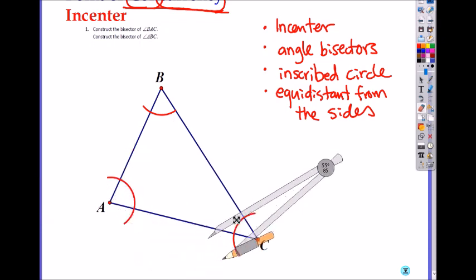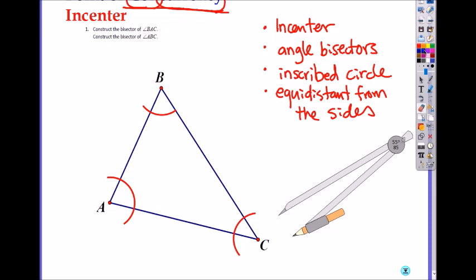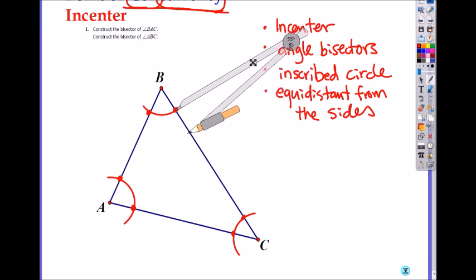What this arc does is it gives 2 points that are equidistant from the vertex. So you get these 2 points. You see it? Equidistant. And now what you're going to do, it doesn't matter how wide it is.